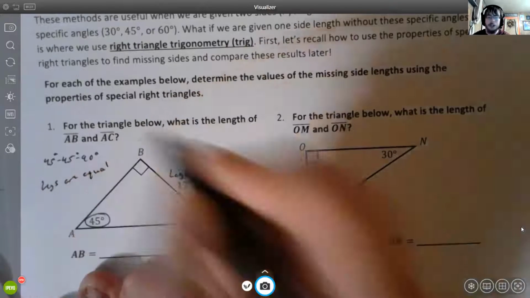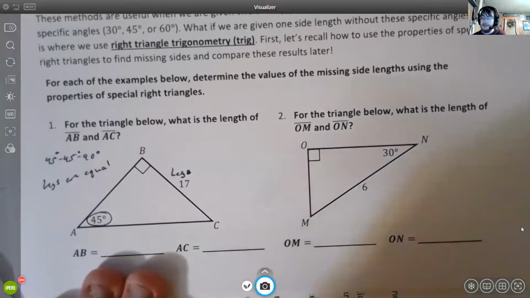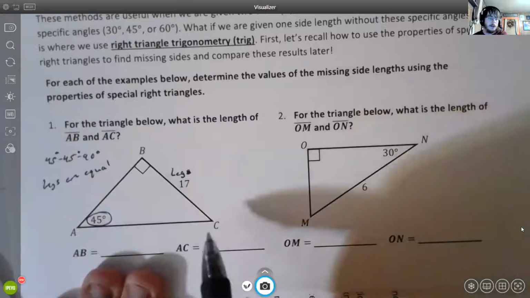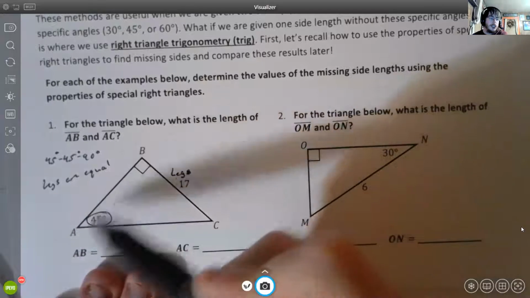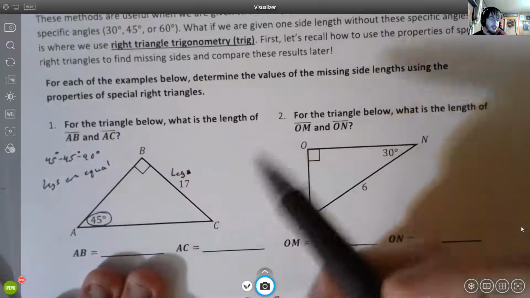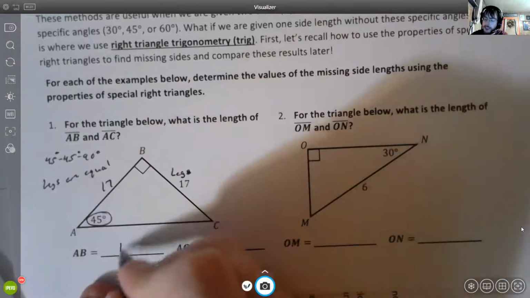So we already know what the other leg measure is. All we have to figure out is whether AB is our other leg or AC is. Well, AB touches the right angle, but AC does not. Since AB touches the right angle, that means it's our other leg, which means AB must be 17.